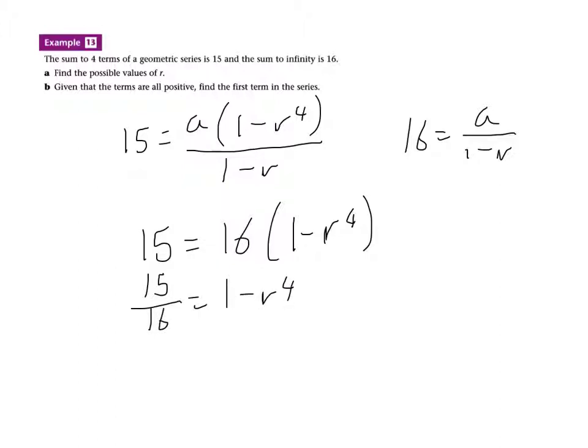Rearranging, if I take the r to the 4 over this side, it makes it positive, and if I subtract 15 over 16, what I'm left with is r to the 4 equals 1 over 16. So in fact we need to take the 4th root of 1 over 16, which means that r is plus or minus 1/2. You can do that on your calculator just to check.